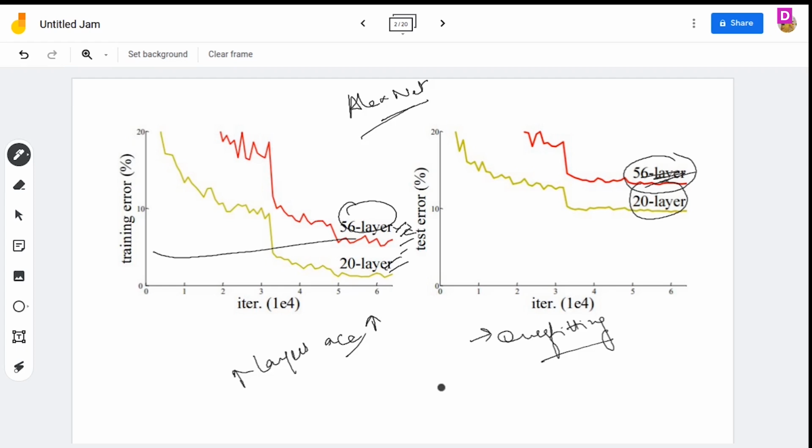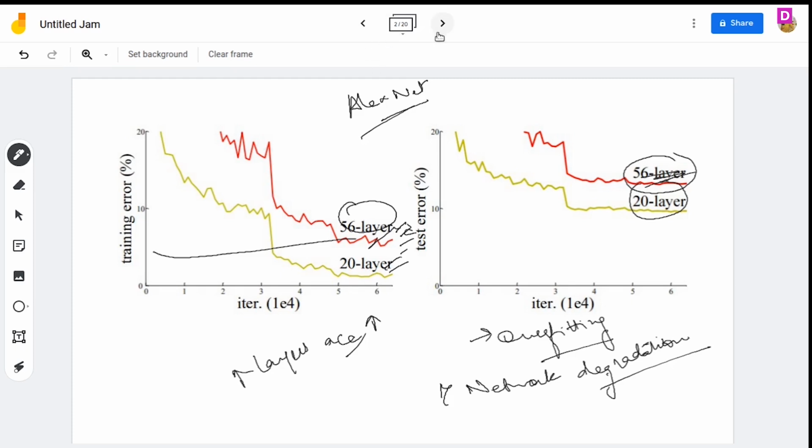That means this problem is known as network degradation. So what that means is, if you increase the number of layers, your network is going to degrade.